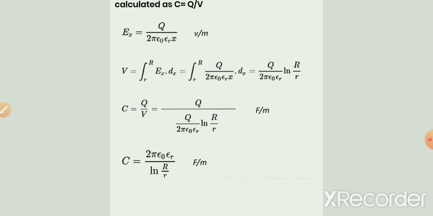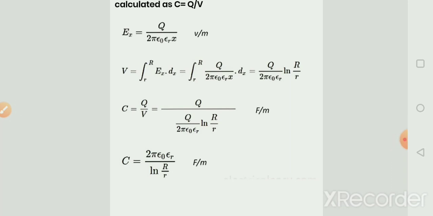Okay, so here we put the value of Ex, the electric field intensity, which is Q over 2 pi epsilon 0 into epsilon r. Here Q, 2 pi, epsilon 0 and epsilon r are all constant.